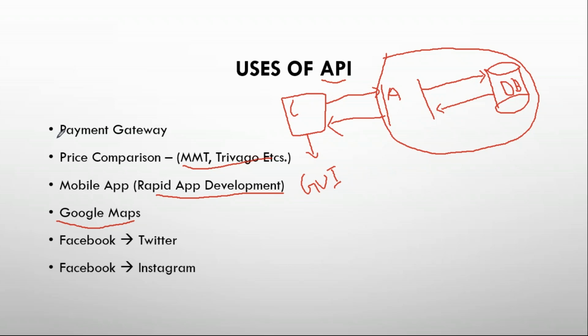If I say why the API: earlier, MakeMyTrip was, I think, operating since 2002 or 3. At that time, API was not developed. So how was MakeMyTrip comparing different airline prices at that time?